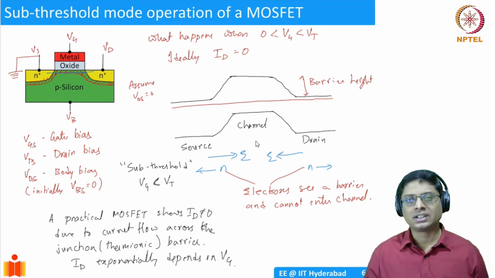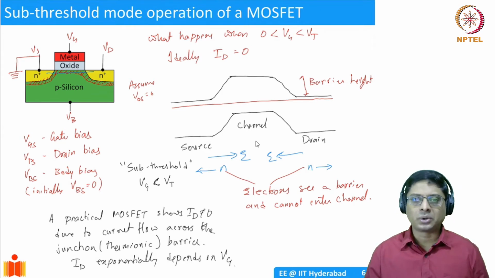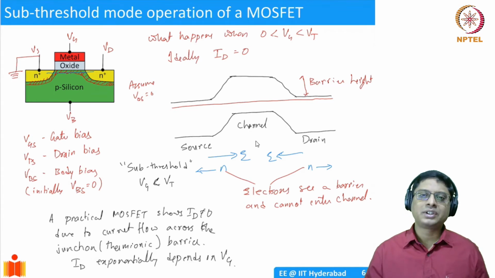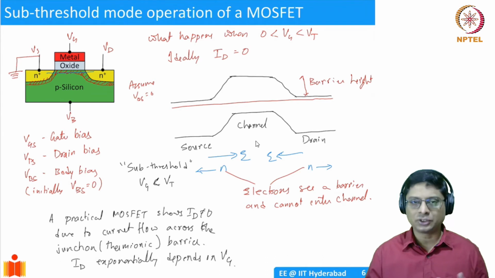It reduces exponentially with gate voltage in this case for an NMOS device. We will talk a little bit more in depth when we show you the current voltage characteristics. Okay. So right now, I want you to understand that whenever your gate voltage is below the threshold, there is a small amount of current. Ideally, it should be 0, but usually it is a small amount of current.